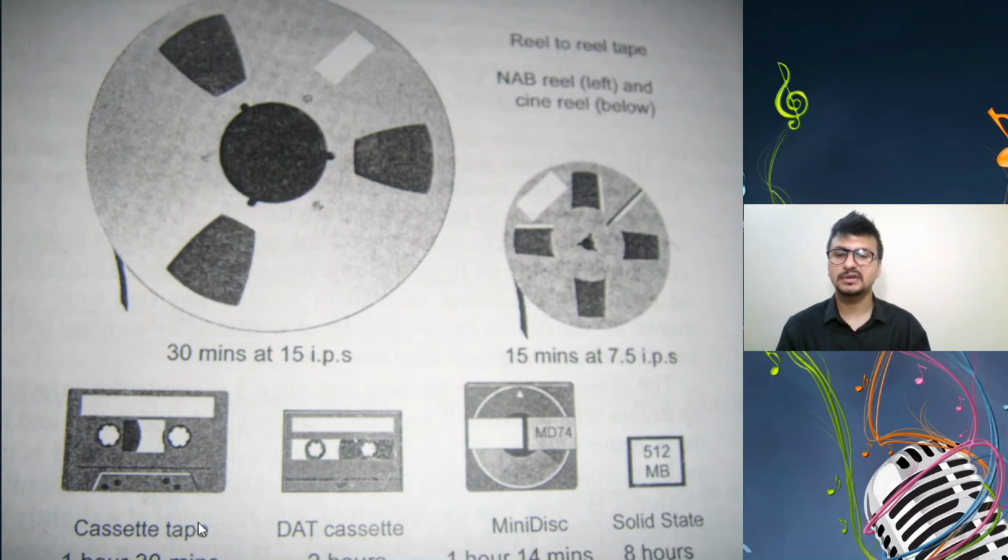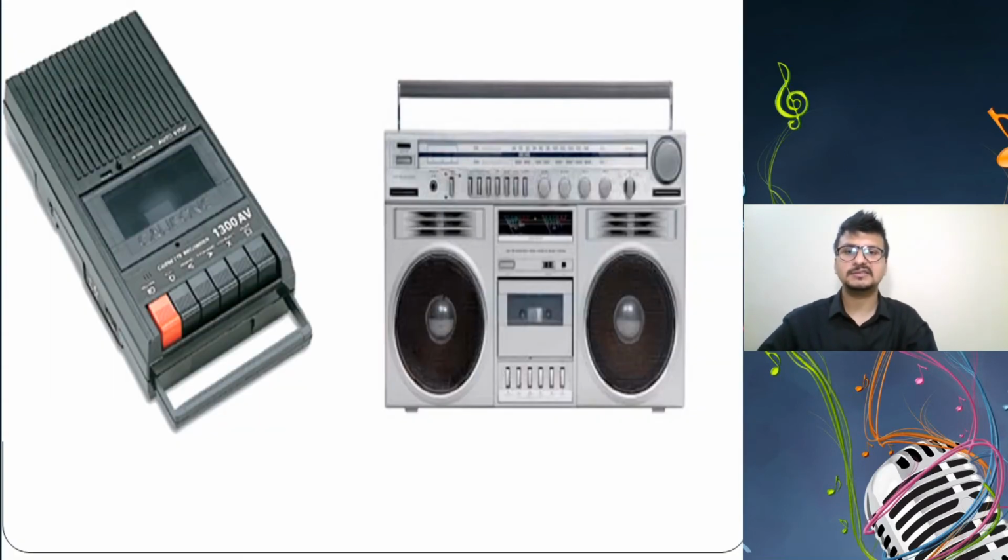And the cassette tape ranges from 4 hours 30 minutes to something. At the top you can see 30 minutes at 15 IPS and 15 minutes at 7.5 IPS. It's a reel-to-reel tape that was used earlier, but nowadays everything has been digitalized.